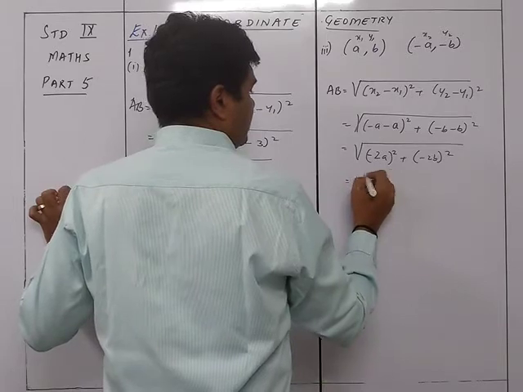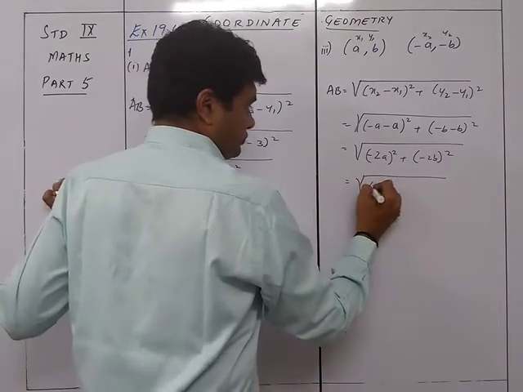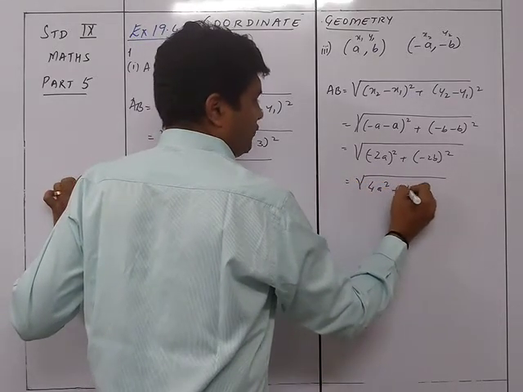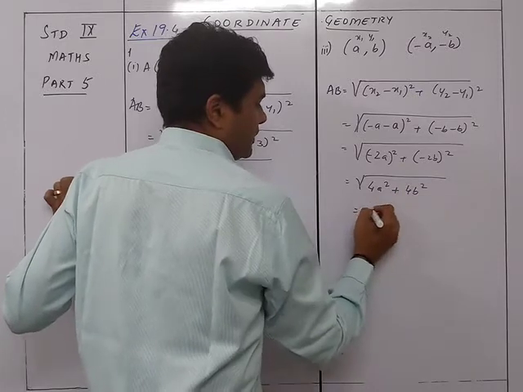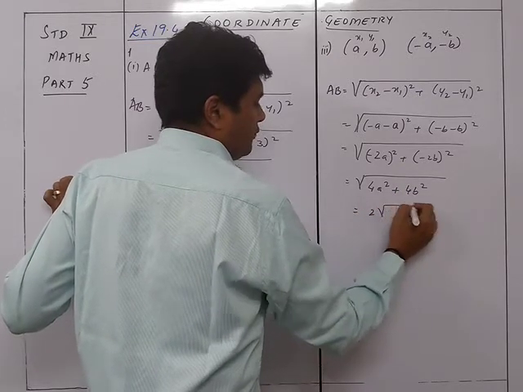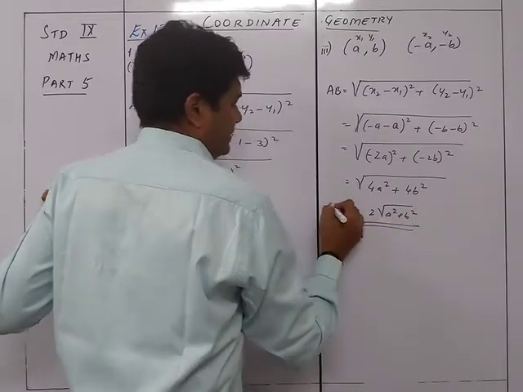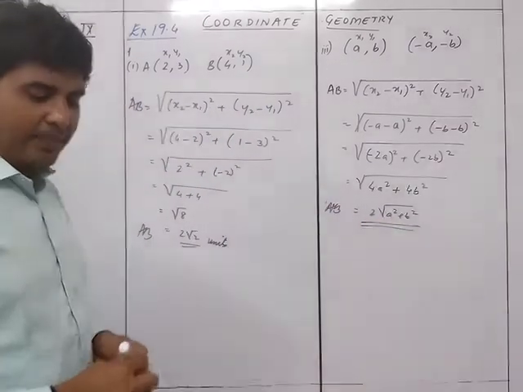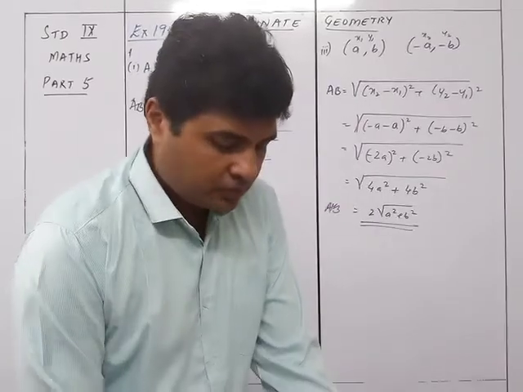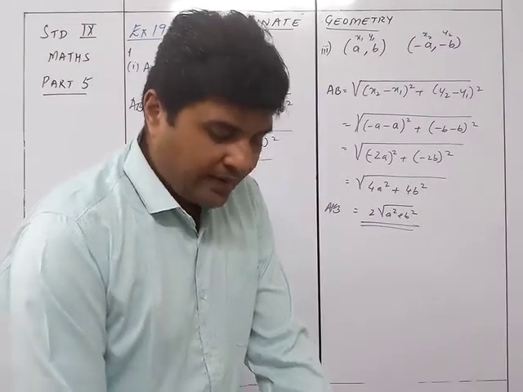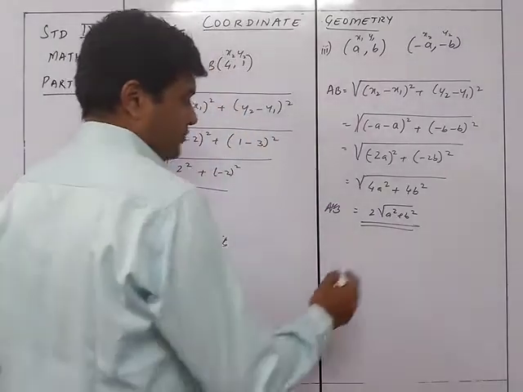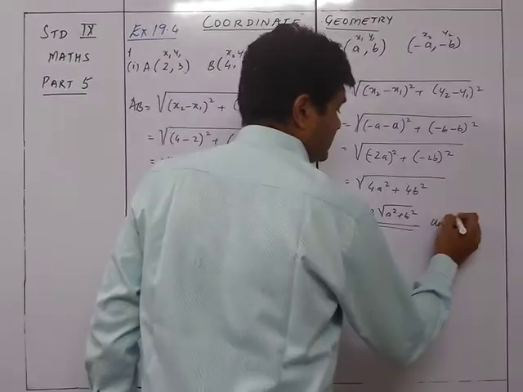So that is going to be the square root of 4A square plus 4B square. So that is nothing but 2 root of A square plus B square. So that's the distance AB. So distance AB is going to be 2 root A square plus B square units. Of course, I need to write over here units.